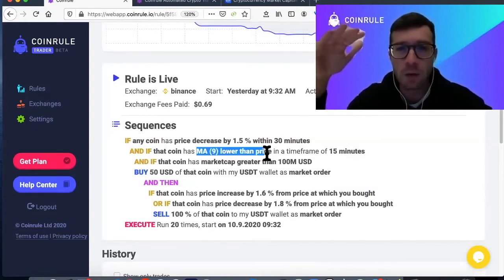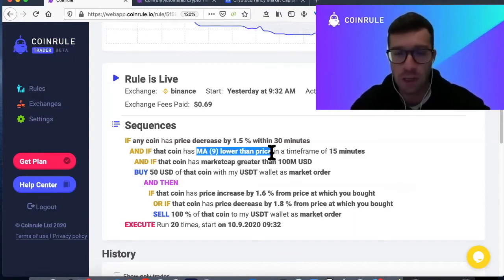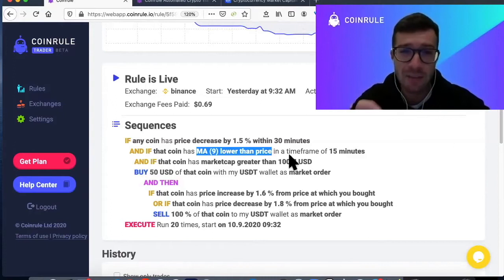This is kind of restrictive because when you have a drop of 1.5%, very likely the price goes below the moving average 9. So at that point, the rule won't get triggered. Since this is a very strict parameter, I observed that the rule traded many times the same coin, which is something that we don't want that much. We want to increase the possibility to catch as many opportunities as we can.